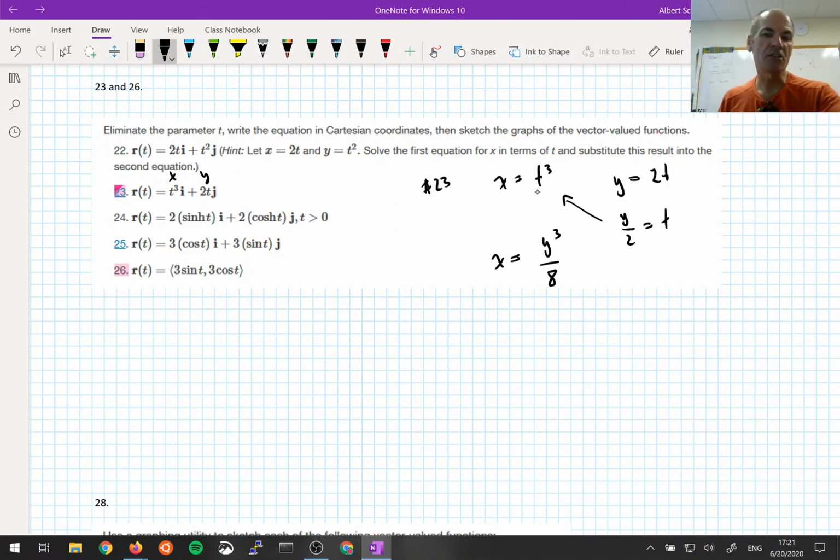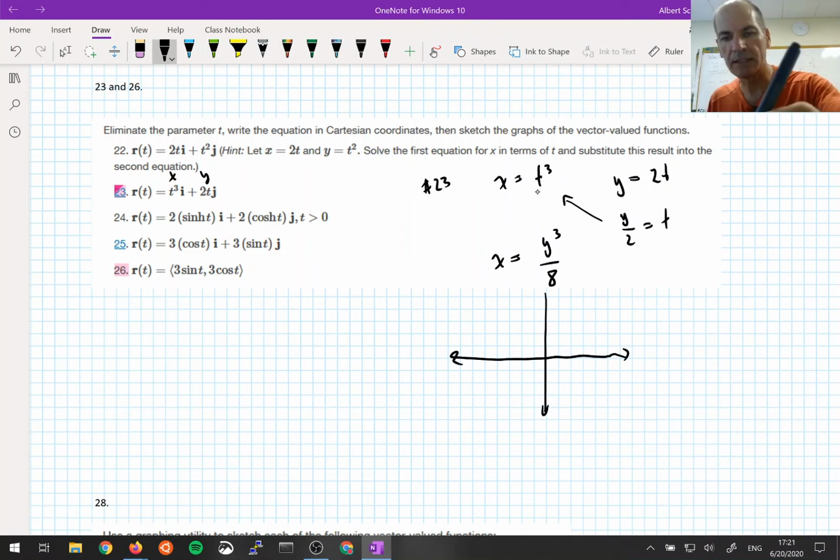And that's a Cartesian equation. Normally we would have y as a function of x, but just because of the way things worked out, we have x as a function of y. But you know, we're all in Calc 3 now. We should be comfortable with that.